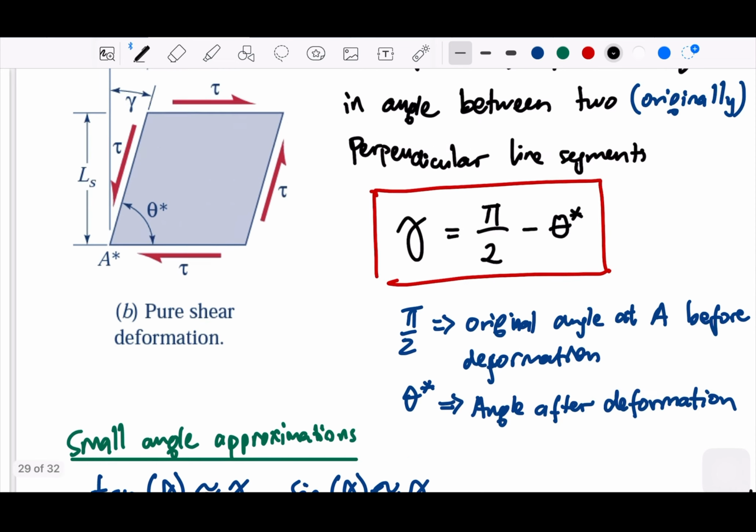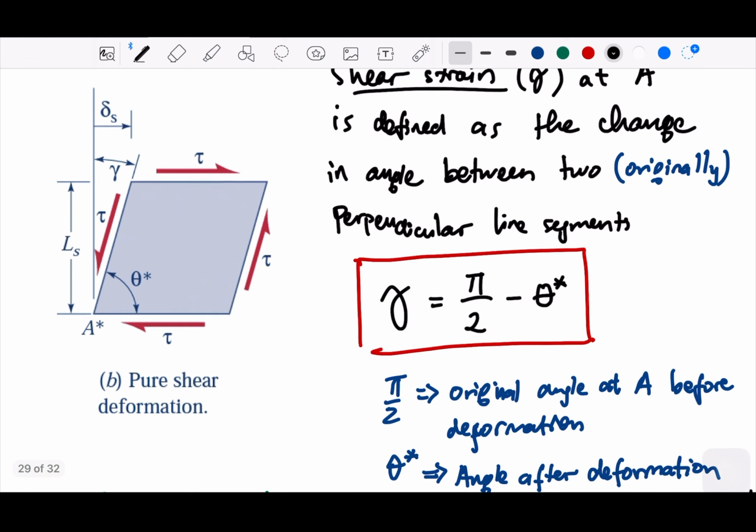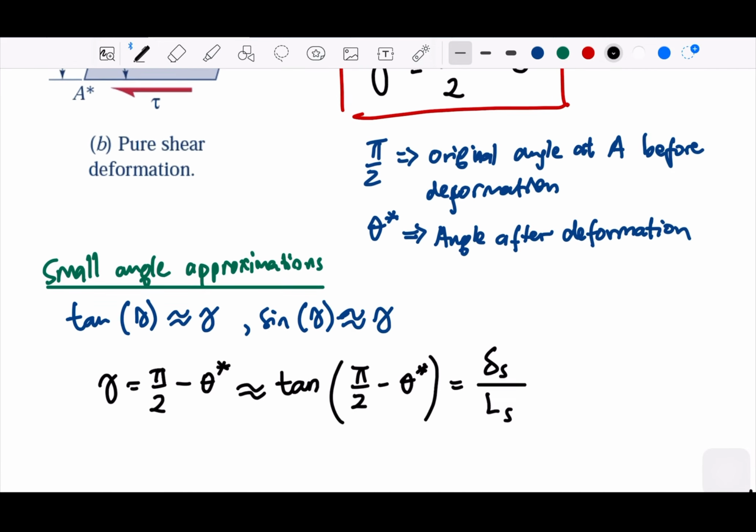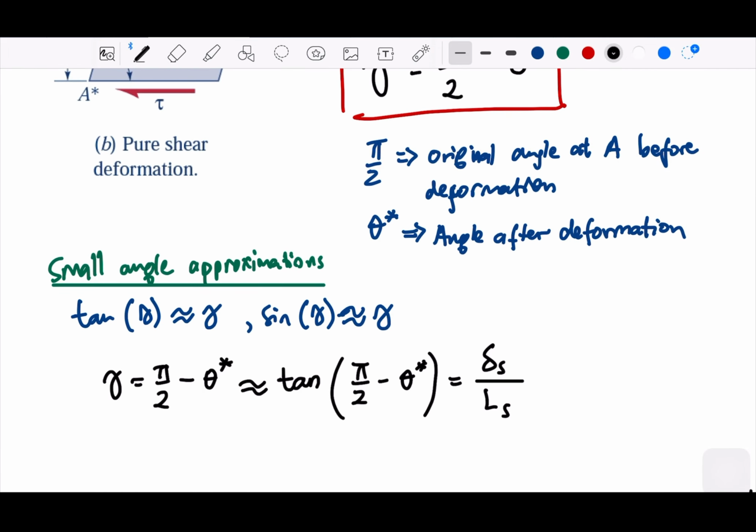From the picture, we know the tangent from this triangle, so the delta and L. So this is delta S over LS.